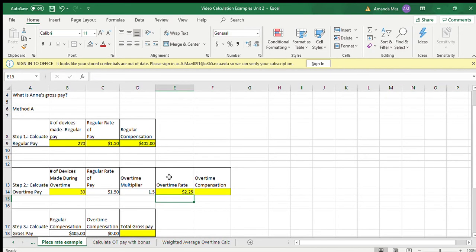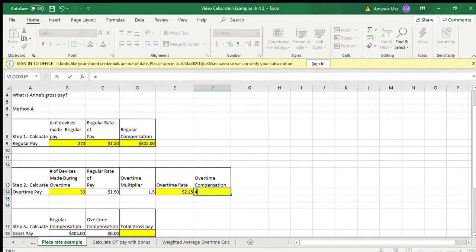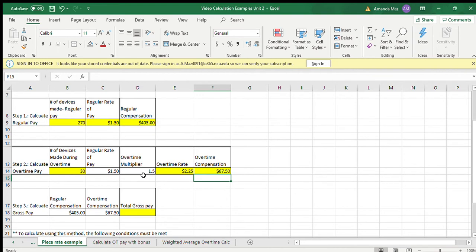So she gets overtime for any device made after 40 hours of work. So her overtime compensation is her overtime rate multiplied by the number of devices she made during this time period, and that's $67.50.